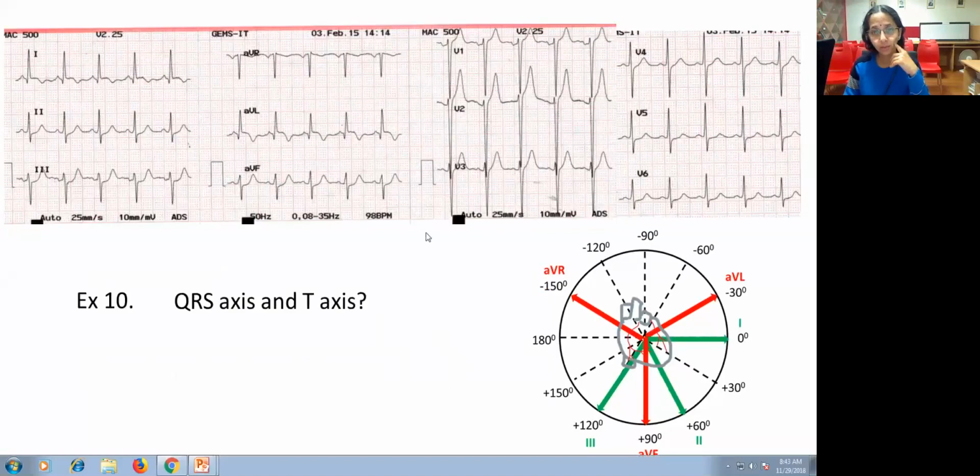Okay, can we find the QRS axis and the T wave axis here?